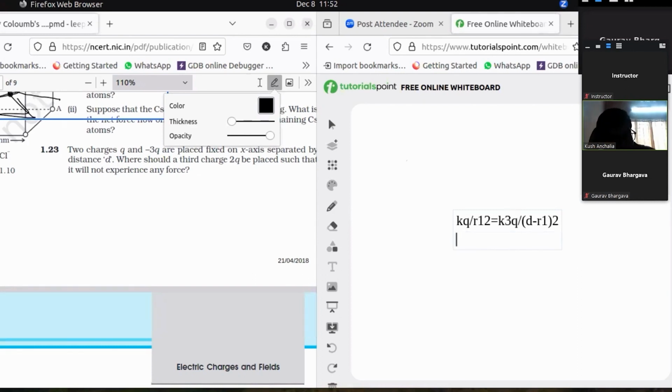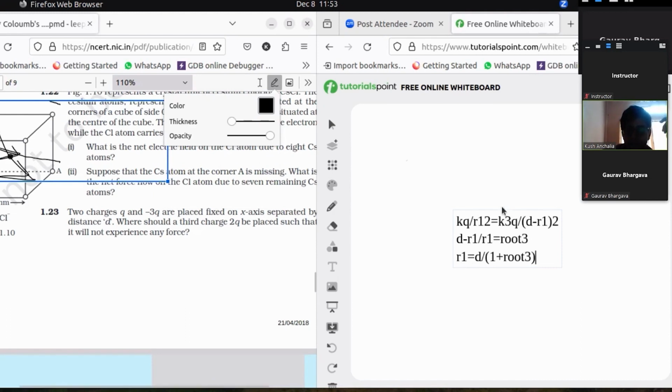So 3r1 square, d minus r1 divided by r1 equal to root 3. So r1 root 3, and the answer should be r1 equal to d divided by 1 plus root 3. Root 3. So yeah, from small q.